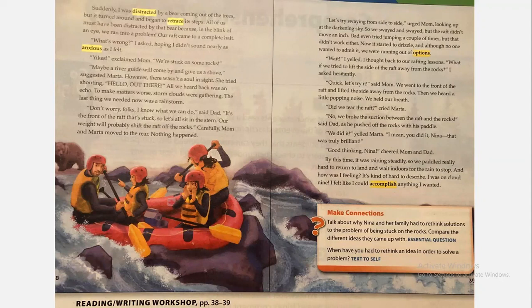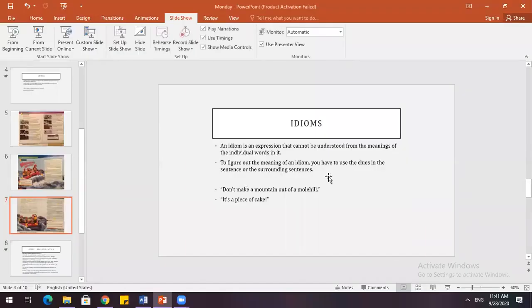By this time it was raining steadily, so we paddled really hard to return to land and wait indoors for the rain to stop. All right, continue.